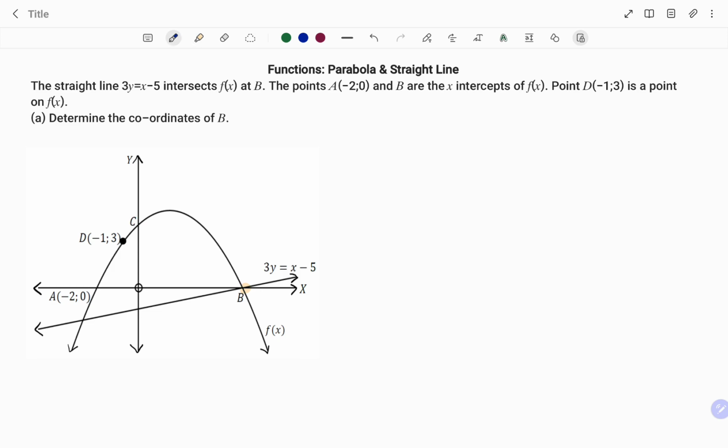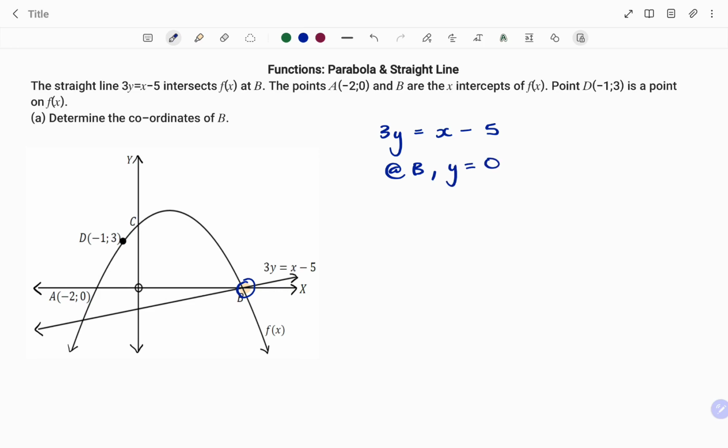So therefore, I'm going to use the equation of a straight line. Start with 3y, I'm going to correct that, equals x minus 5. And note that at point B, as shown, the y coordinate is equal to 0.